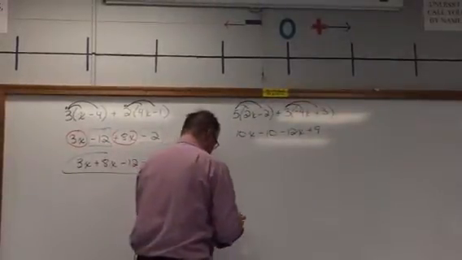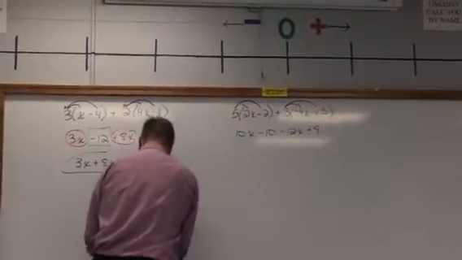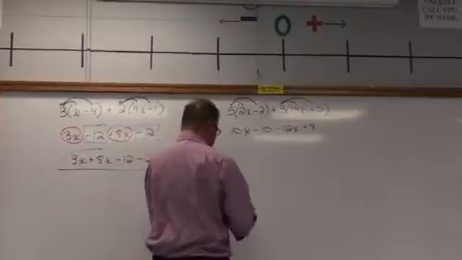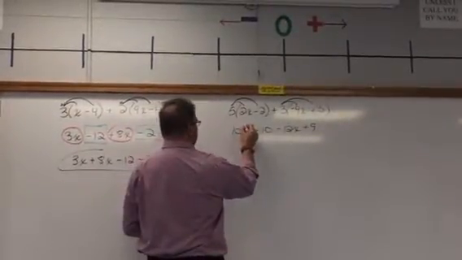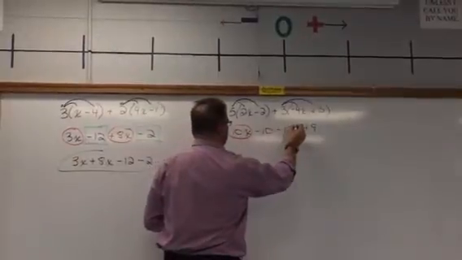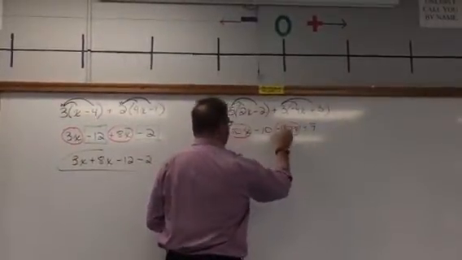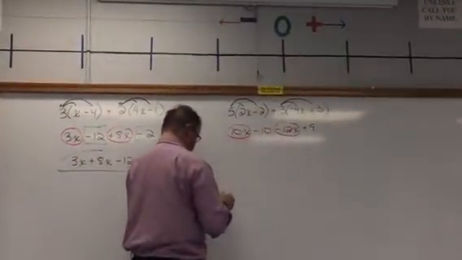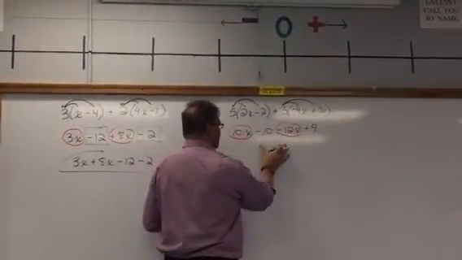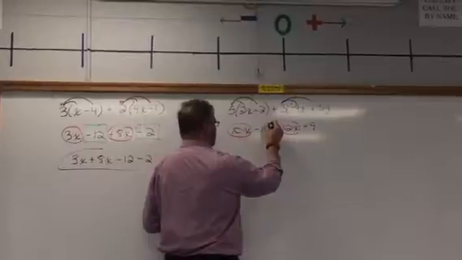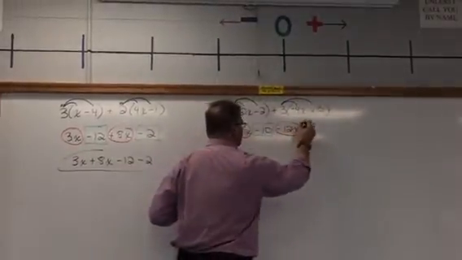Okay? And again, just so it shows up well in the video, my variable terms are the ones with the x's. And again, I'm catching the minus sign inside that circle. No other x terms, no other variable terms. Here are my numbers, my constants, right here.